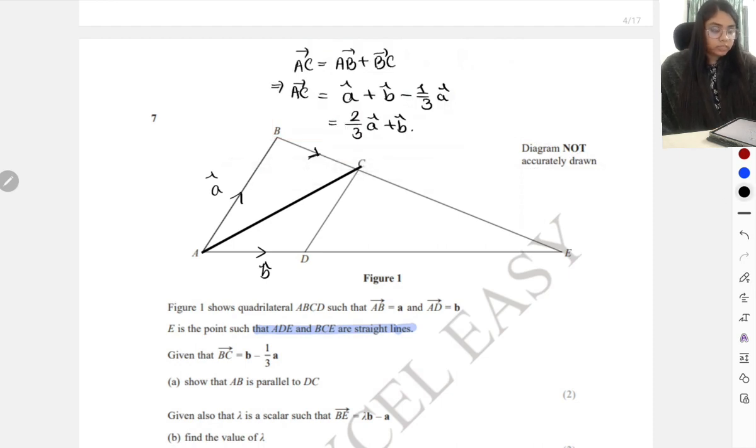For DC, we have this triangle ADC where AD and DC are in the same direction and AC is in the opposite direction. So it would look like AD plus DC is equal to AC. Finally, DC is going to be AC minus AD.